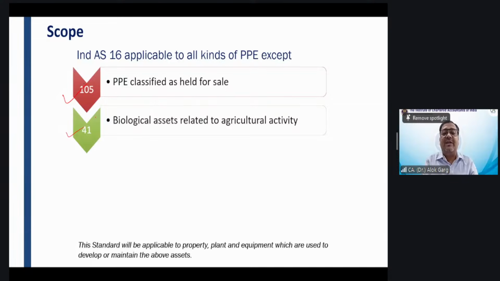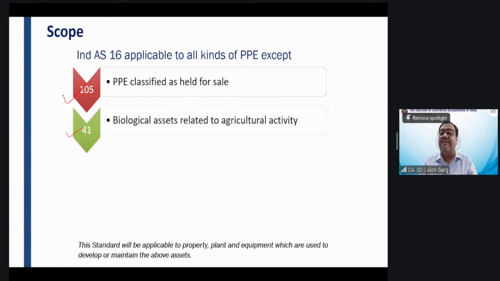Biological asset related to agricultural activity, like cows and buffaloes, right? So what is a biological asset? Living animal or plant. So for biological assets related to agricultural activity, Ind AS 41 is applicable. Ind AS 16 is not applicable to biological assets. In our old accounting standards, my dear friends, there was no standard which dealt with biological assets.